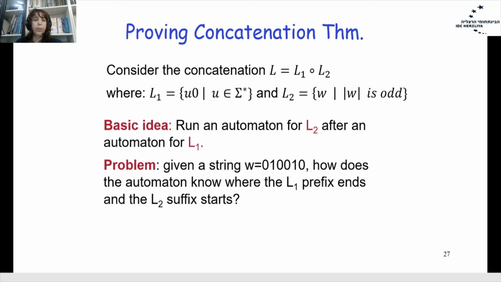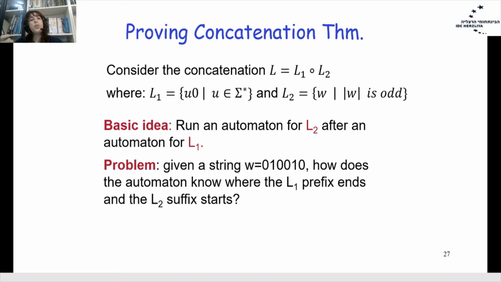We will identify that we finish reading some prefix, and then we will move to the automaton B of the language L2. The only problem, given a string W, 0, 1, 0, 0, 1, 0, is how do we know which part is the prefix and which part is the suffix?